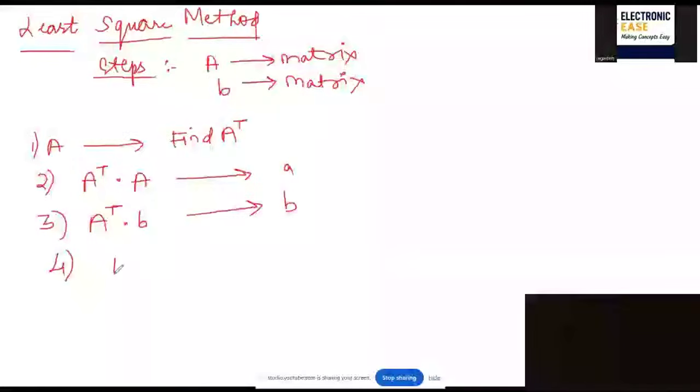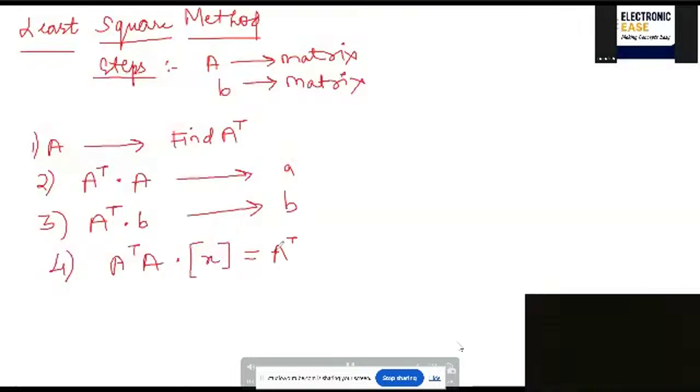Okay. So fourth step is, whatever the A transpose A you have got, you need to multiply with the x vector, that is total number of columns. So x1, if there are two columns, x1 and x2, with the A transpose B vector.